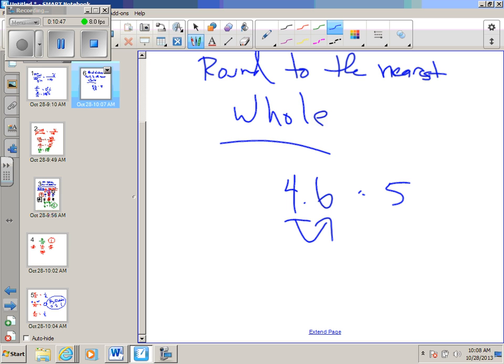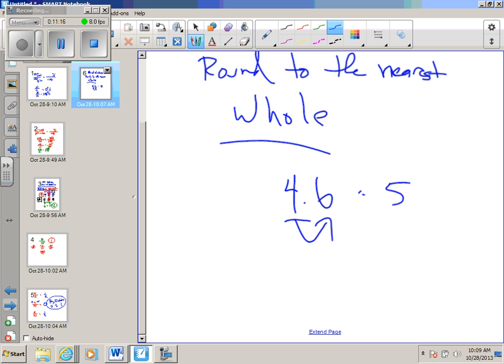Josiah. Five or higher. 5 or higher. Good. As a fraction, what fraction do you think of when you think of 5? Or 0.5? Half.